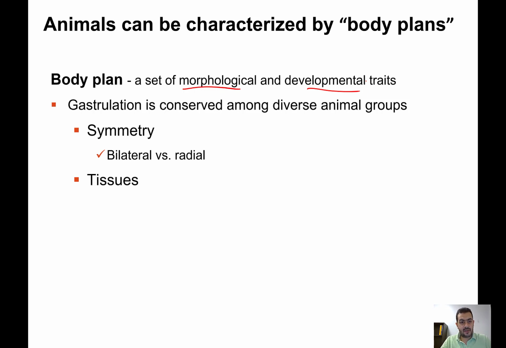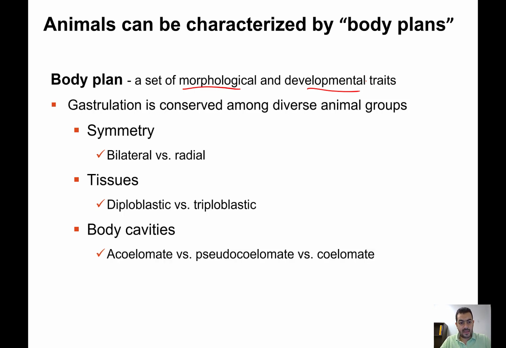When we move to the second feature, the tissues, some are characterized as being diploblastic, while others are triploblastic, and we will cover this feature and the rest of the features in the next slides. I'm just showing here the topics that we will cover in the next slides. Then the third feature in the body plan is called body cavities.